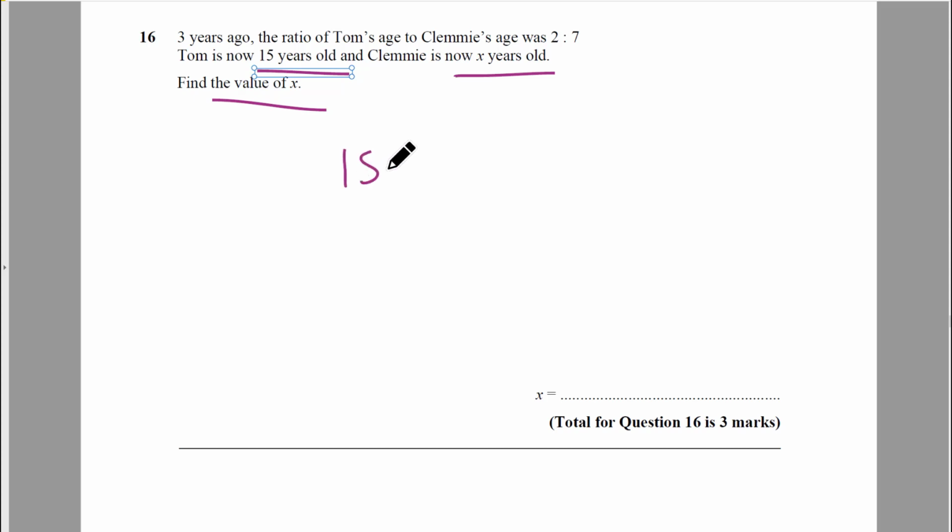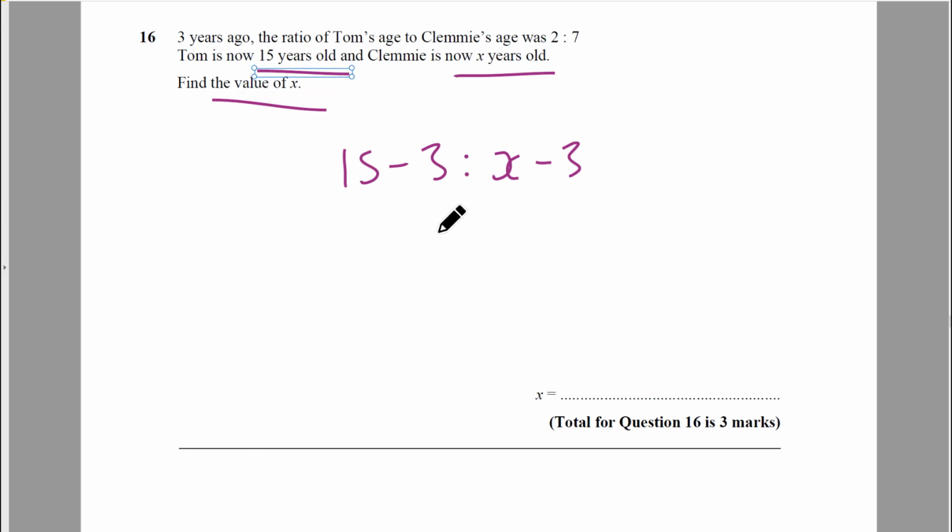So that means 15 minus 3 for 3 years ago would be the same as Clemmy's age would be x minus 3.